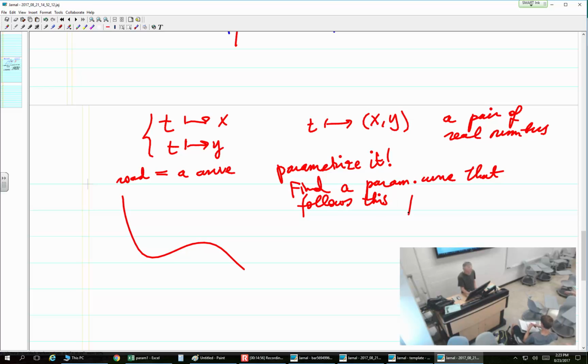How would you do it? You have a road. What do you do with the road? Could you measure it? You could. Yes. What's the easiest way? Well, not the easiest way, but you will have to drive through it, pretty much.